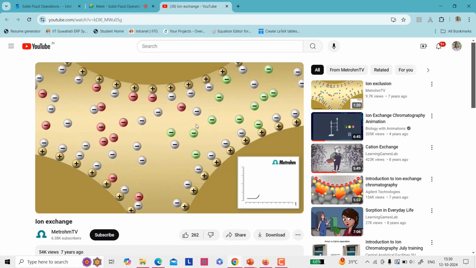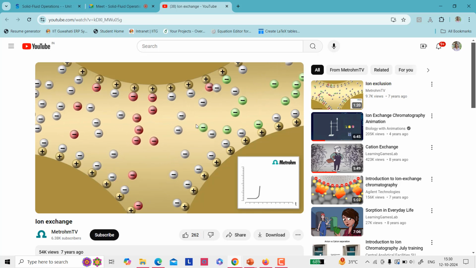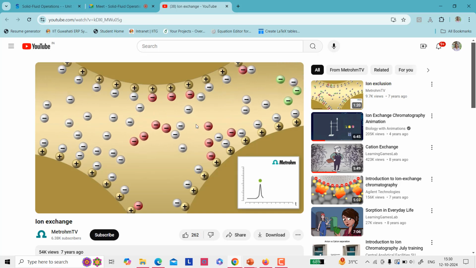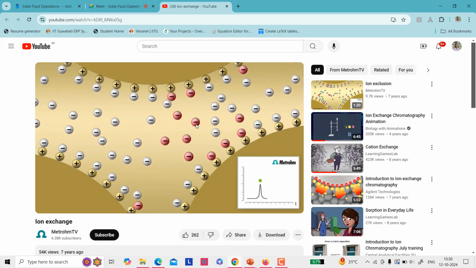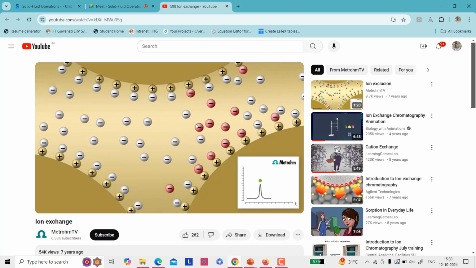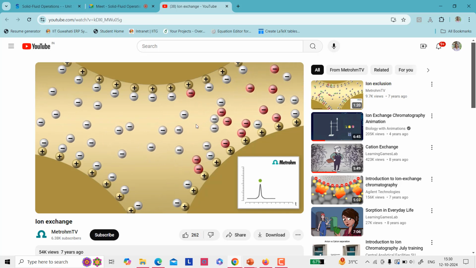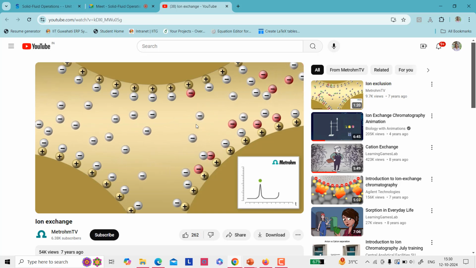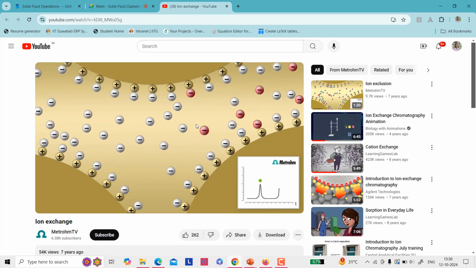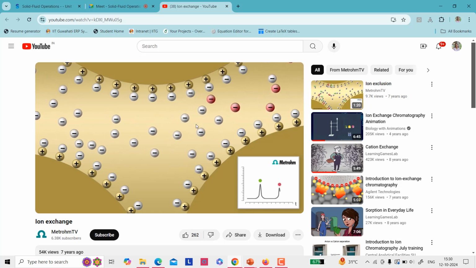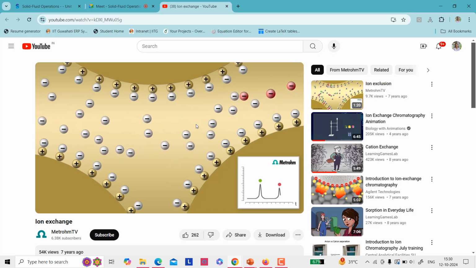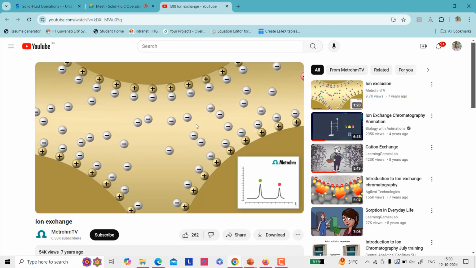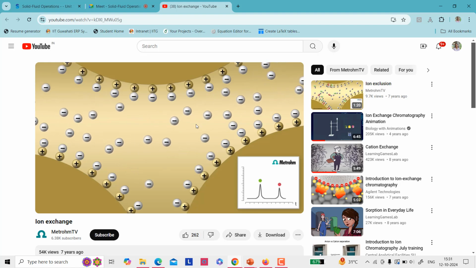Now again white are coming and replacing the previous ones. So that is a continuous replacement of the ions. Similar types of ions are exchanged in ion exchange. And this is happening because of the adsorption, right? So this is ion exchange.